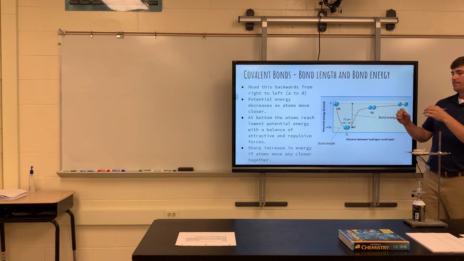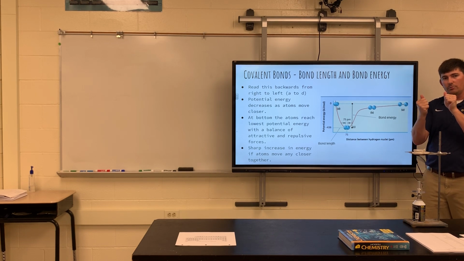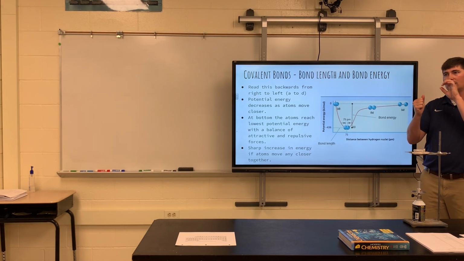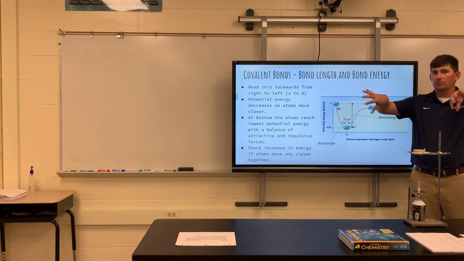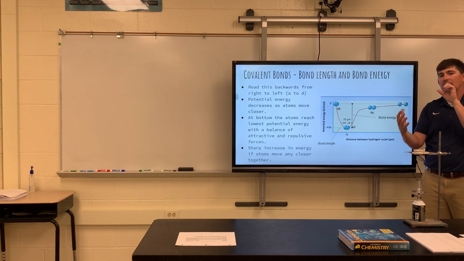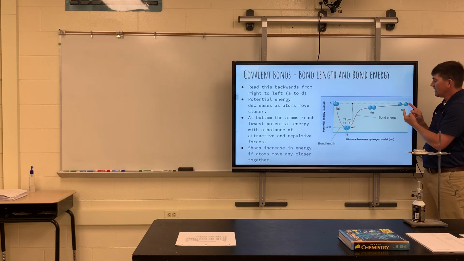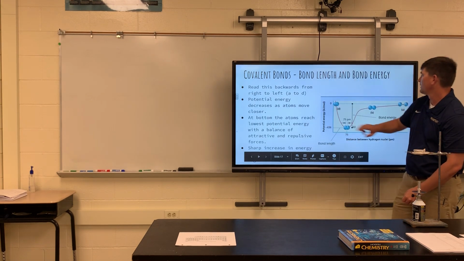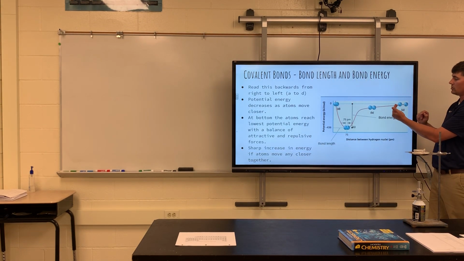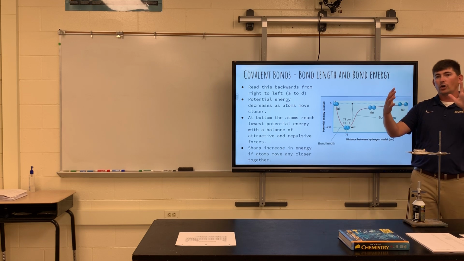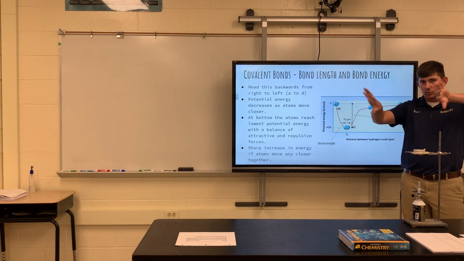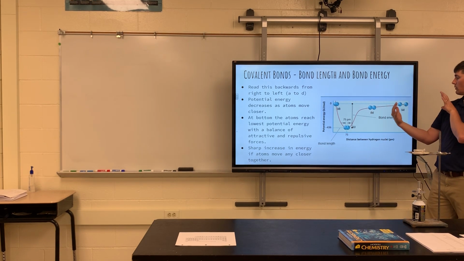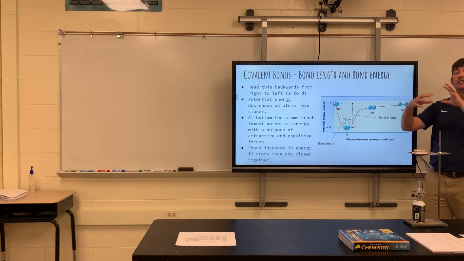So the 2 nuclei would be repelling each other, and the electrons from one and the electrons of the other would be repelling each other, but at the same time, the nuclei of this first atom is attracted to the electrons of the second one, and vice versa. So you have these 2 forces: attraction, which is wanting to pull them together; repulsion is wanting to push them apart.